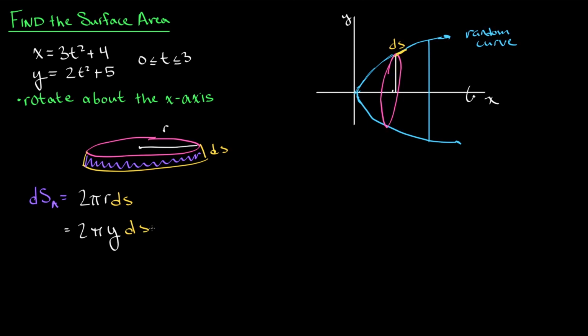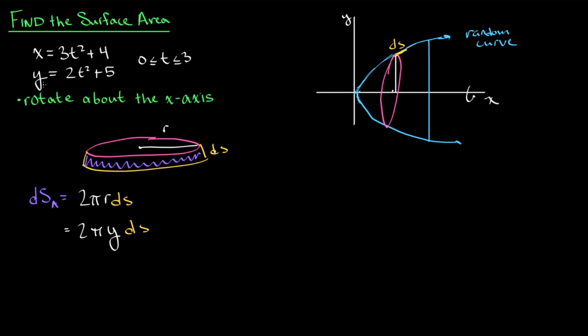And what we said when we were talking about surface area and setting up these integrals is, hey, we're rotating around the x-axis, so r is y, but now how we represent y can change based on how we want to integrate. And in this case, we're going to show that we can integrate with respect to t. And therefore, we're going to represent y in terms of t.